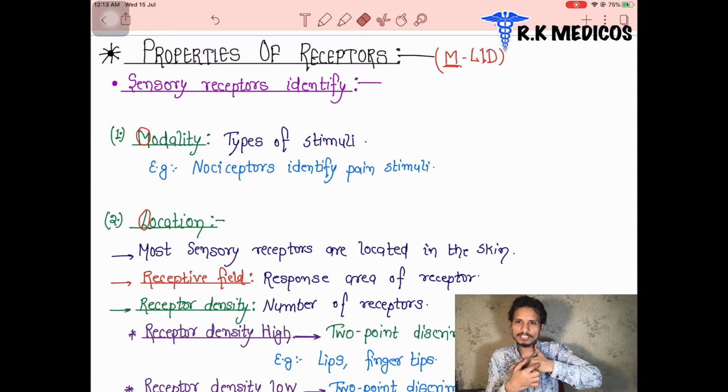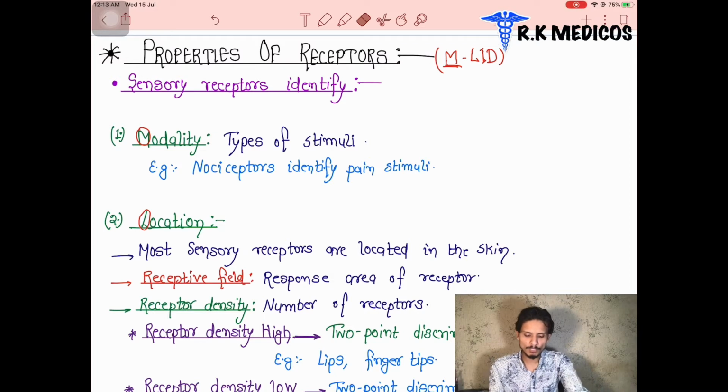Suppose there is a 1 centimeter area. How many receptors are located? They define the receptor intensity, where they are located and how many there are. There may be 5 or 10 in 1 centimeter, or how the reaction is performed, how fast it is, the different types of modality functions, or where they are located in different areas of our body. These all regulate the properties of the receptors.